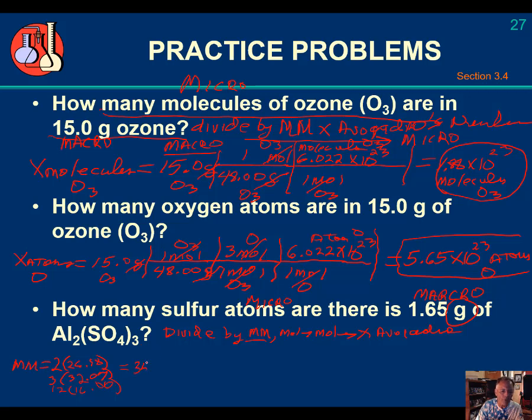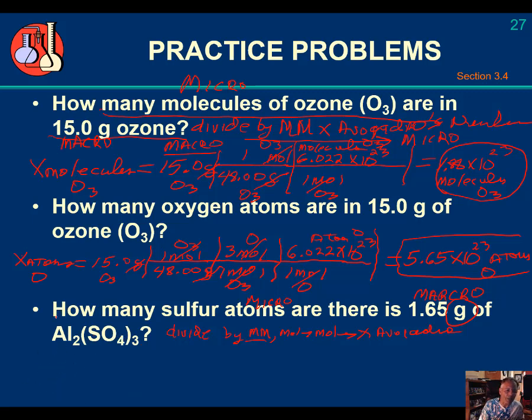So 342.17 grams for every 1 mole of the stuff, okay? So this is the molar mass of aluminum sulfate, the mass in grams of 1 mole of that compound. All right, I'm going to make a little bit of room for myself, so you can stop the video and write all of that down if you like.